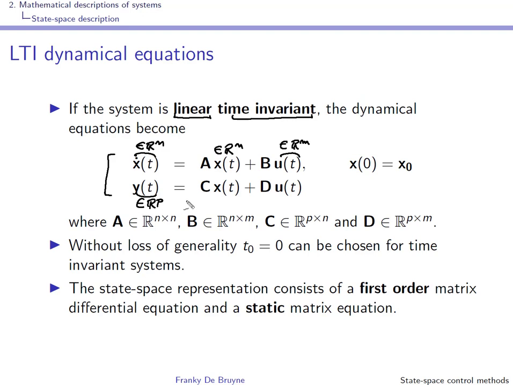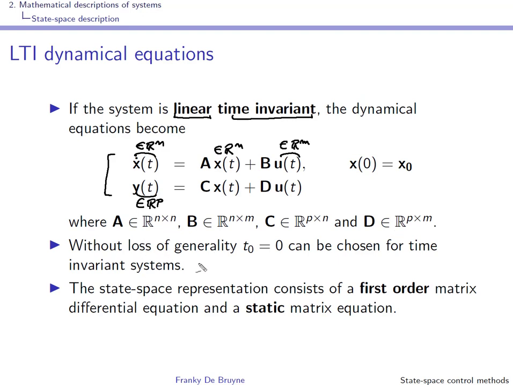Now it becomes very easy to see that A is in R n times n, so A is a matrix with n rows and n columns. B has n rows, which corresponds to the number of states, and m columns, which corresponds to the number of inputs. C has p rows, p is the number of outputs, and n columns, n is the number of states, and D has p rows, number of outputs, and m columns, and m is the number of inputs.